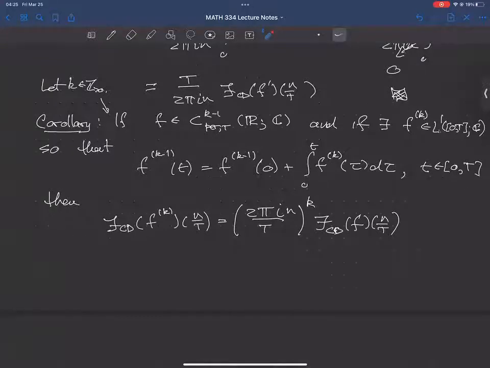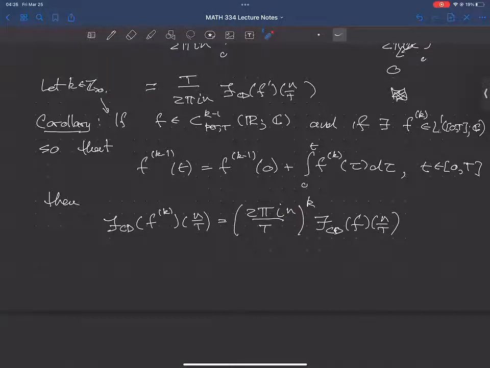Okay, and so let's look at the reasoning that I had in the previous case. f^(k) is in L1, and so this is in L1 per when I periodically extend it. So I know by Riemann-Lebesgue that as n goes to infinity, these things go to 0. And so what that means is that the CDFT of f as n goes to infinity has to go to 0 faster than 1 over n to the k, because I have n to the k up here.